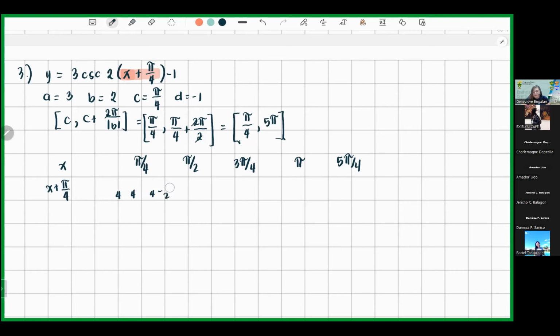Dili na ta sa kilid ka para dili bungkag. Okay, so pi over 4 plus pi over 4. This is 2 pi over 4. So this is pi over 2. Okay, so pi over 2. Sunod, pi over 2 plus pi over 4. This is 2 pi over 4 plus pi over 4.